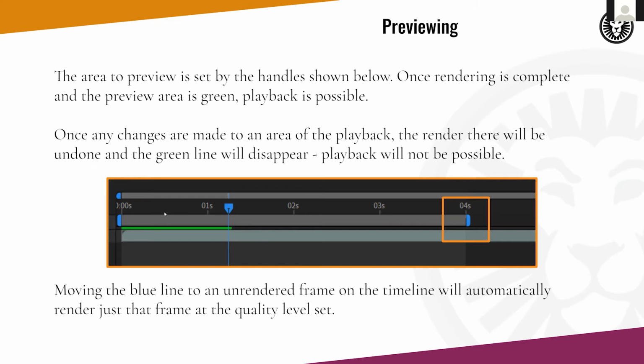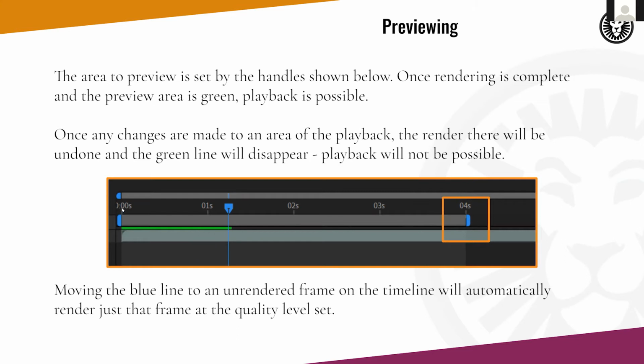Now, if you only wanted a preview of part of your timeline, say you only wanted to watch from 0 seconds to 4 seconds, these little handlebars are just above your clip. I'll show you where those are in a second. You can move those to just the section that you want to view.